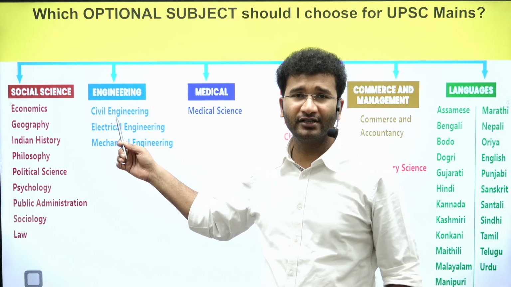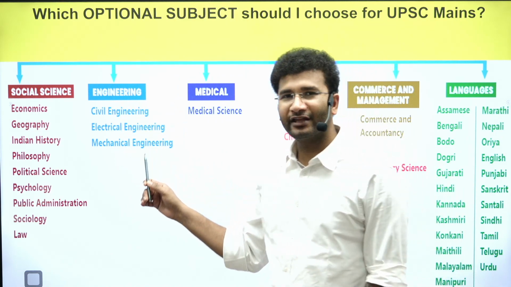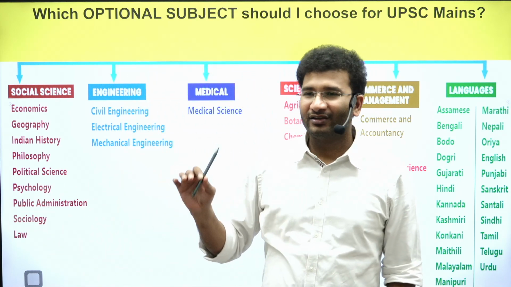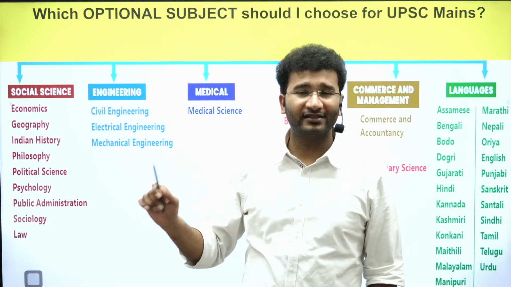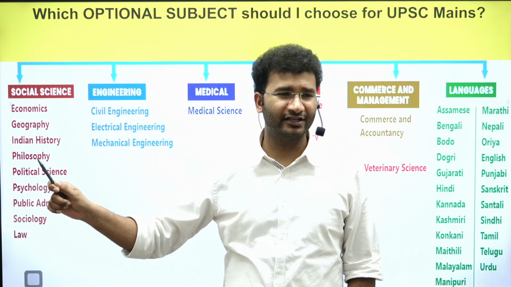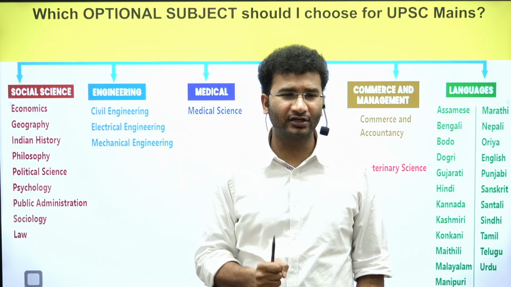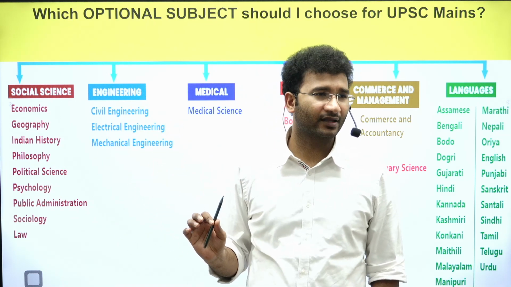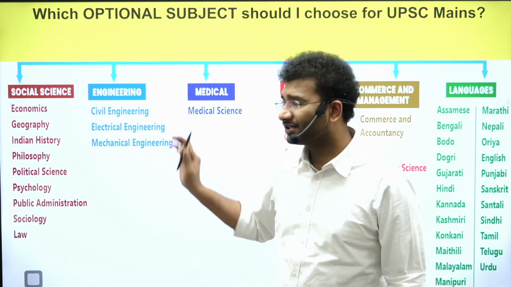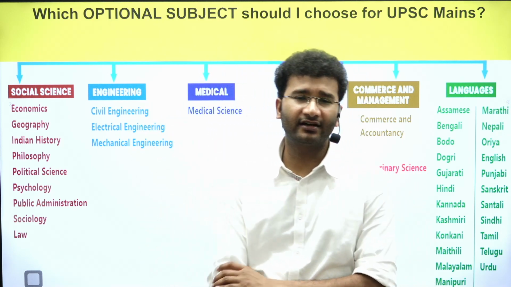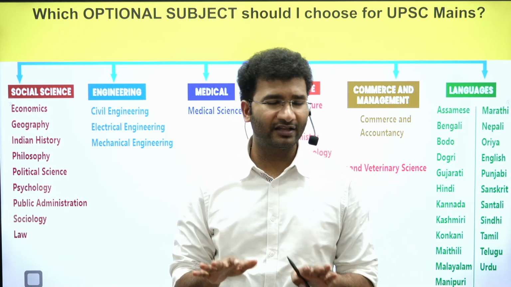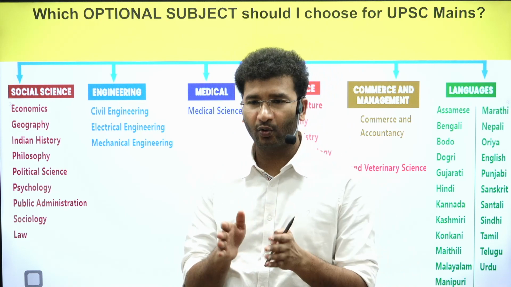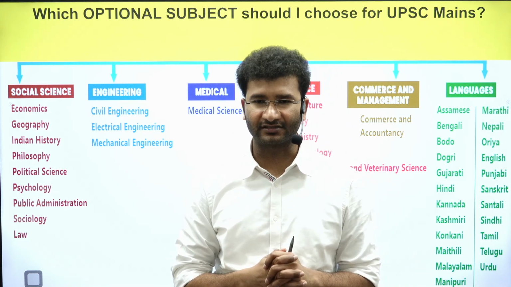Usually someone who has studied engineering at an honours level will go for it, and these subjects are usually taken by someone who is also preparing for Indian Engineering Services, or who has a very good command of their own graduation subject from engineering. The issue with engineering subjects is that there are usually not many faculties who can teach you. You have to find your own way for the civil services.